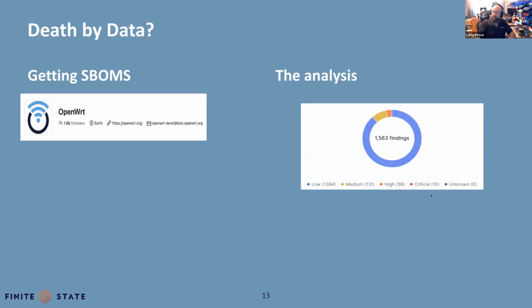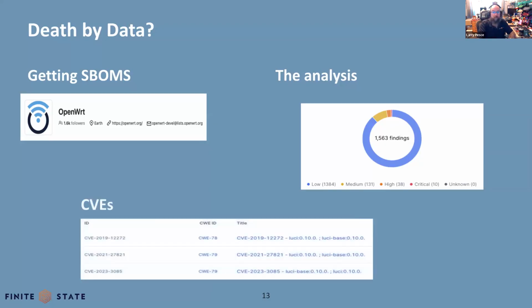This is giving me a priority here too. This is also great when we start talking about using this for good, in that something like this can be used to go back to your teams to help them set the priority for things to resolve. But maybe I'm getting ahead of myself a little bit here. All right, so let's start with the 10 critical and the 38 high findings here.